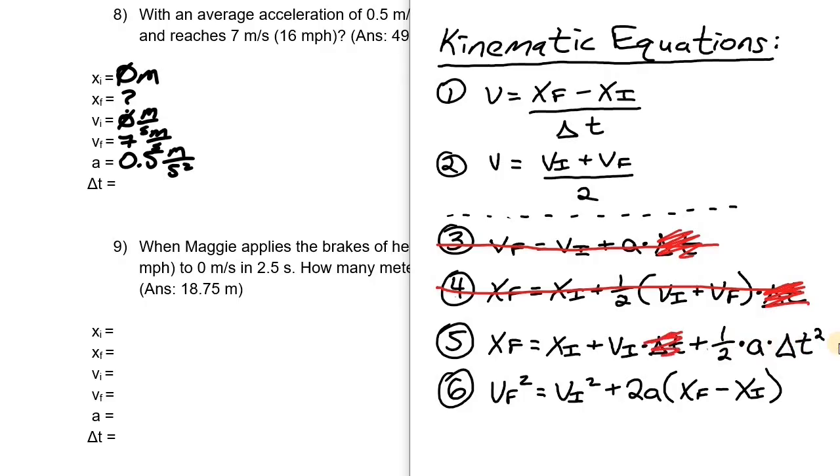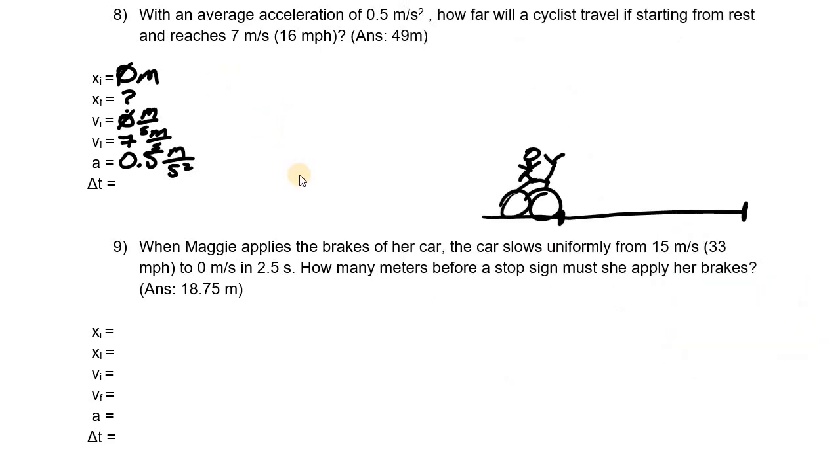We're definitely not going to be using this formula. And do we have delta t in here? No. Okay, so that's our indication that this is the formula we're going to be using. So let's use that. I'm just going to erase our pretty little drawing, and we're just going to be using our 6th formula.